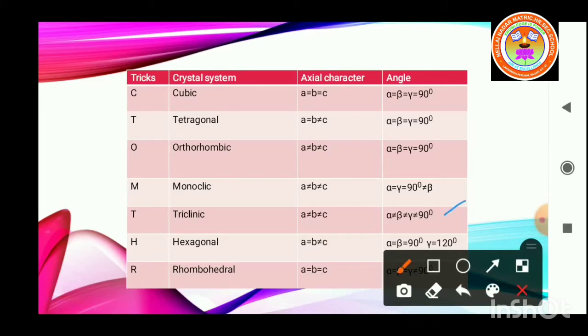Alpha not equal to beta not equal to gamma not equal to 90 degrees. In the case of hexagonal, alpha equal to beta equal to 90 but gamma is equal to 120 degrees. Okay, now clear? Yes. Are you able to memorize the seven crystal systems easily?